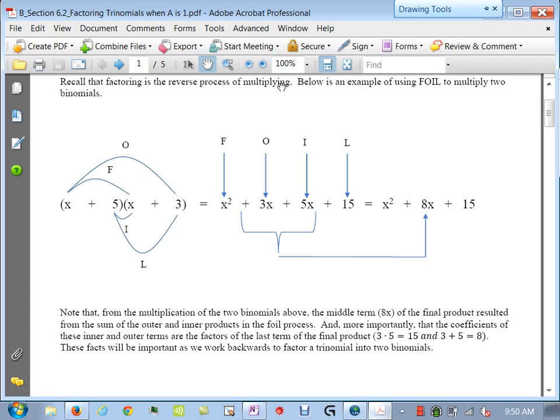And more importantly, that the coefficients of these inner and outer terms are the factors of the last term. So the coefficients, the 3 and the 5, when you multiply them, give you the 15. Okay? These facts will be important as we work backwards to factor this.